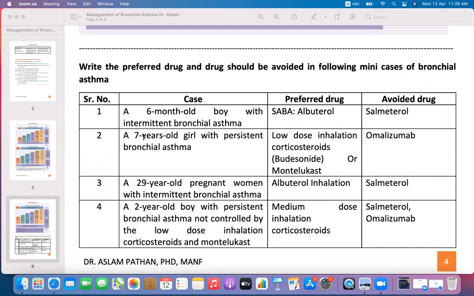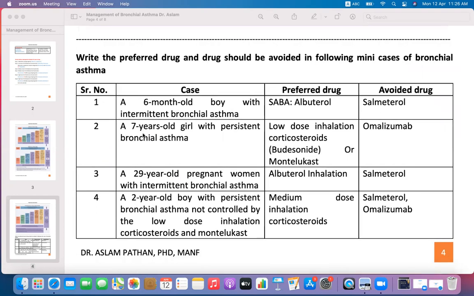Write the preferred drug and the drug that should be avoided in the following mini cases of bronchial asthma. Let us see the first case.